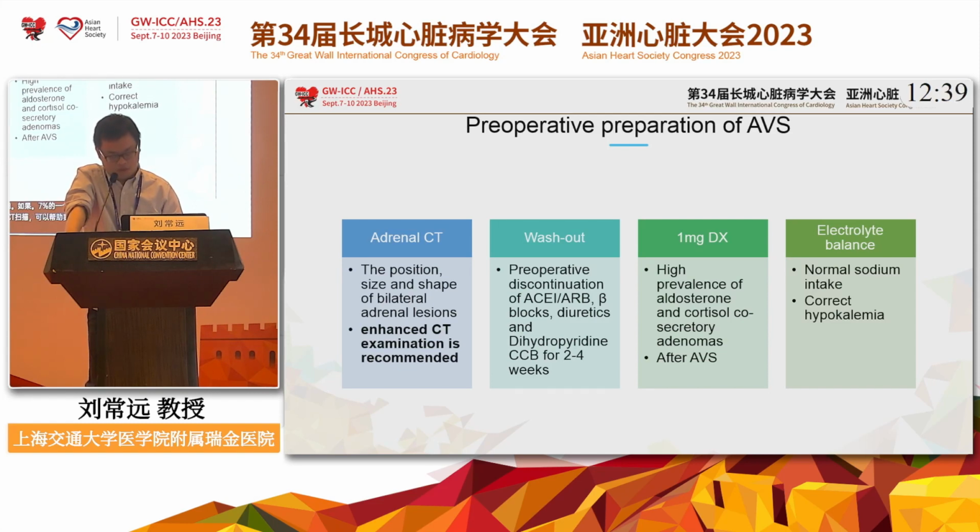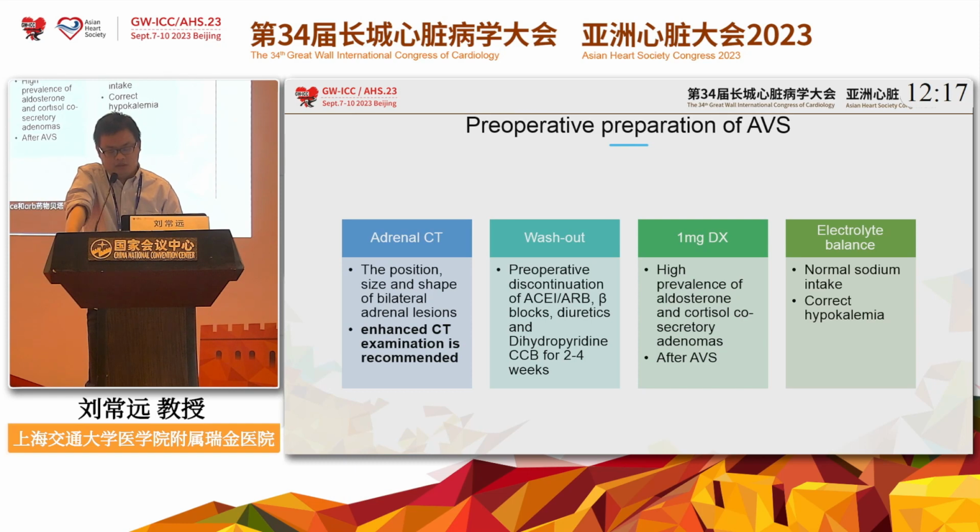Secondly, washout. Some drugs like ACEI or ARB, beta blockers, and diuretics will affect the secretion of aldosterone and renin. So these drugs should be discontinued for 2 to 4 weeks.